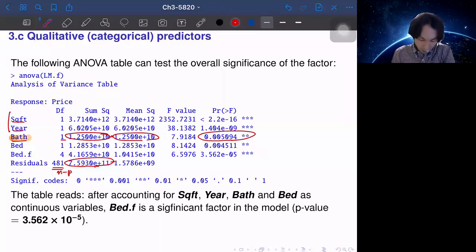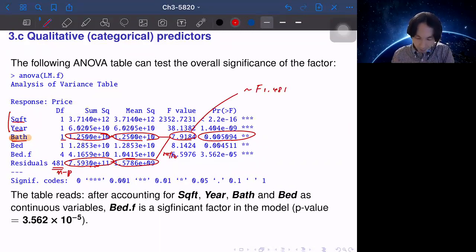We have 8 parameters in here, so n minus 8. And we divide by this number, n minus p, 481. Then we take the ratio. Then this F value follows an F distribution with df1, 481.